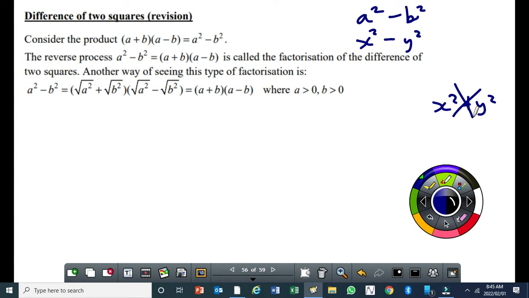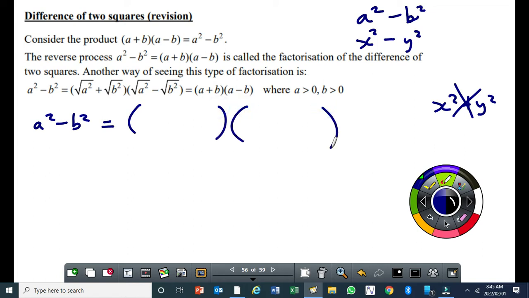When you factorize the difference of 2 squares, you get 2 factors that are binomials, right? So when you factorize a difference of 2 squares, like a squared minus b squared, you open your 2 brackets.